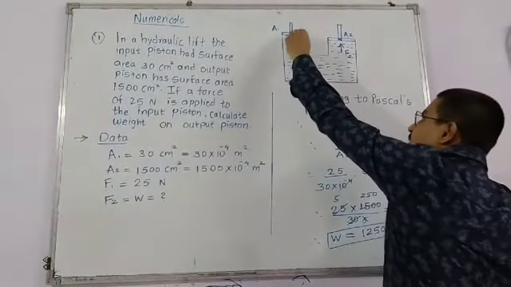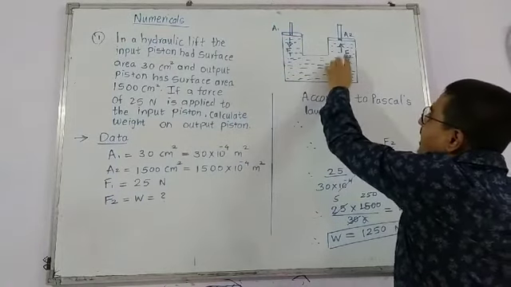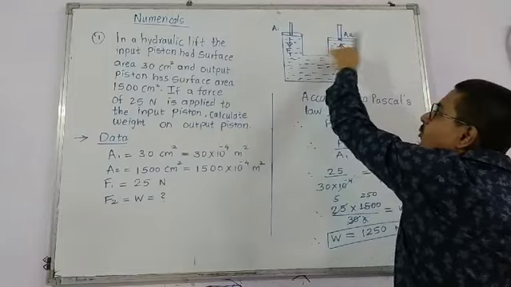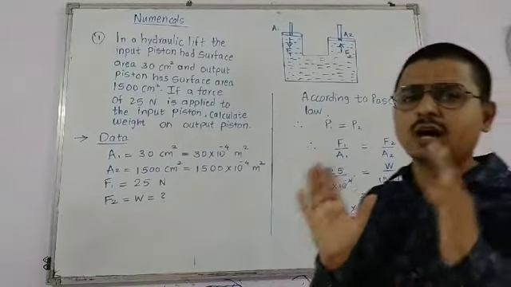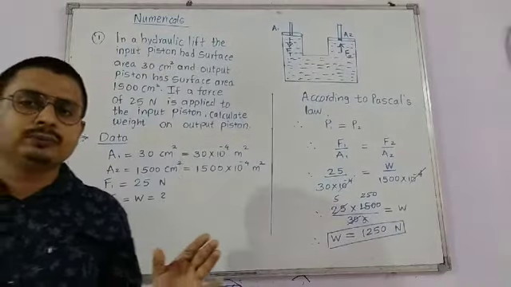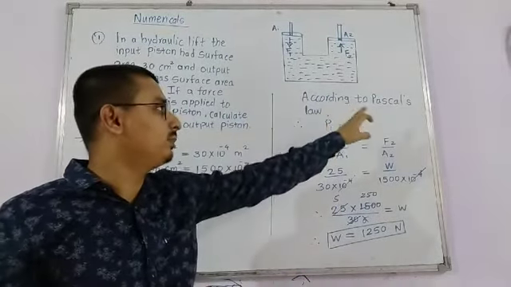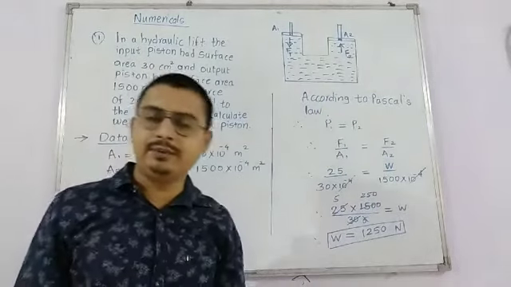तो यहाँ पे जब हम input piston को downward direction में force देंगे, there will be an upward force acting on the output piston. According to Pascal's law, P1 and P2 are equal. Therefore, I have stated according to Pascal's law, P1 equal to P2.